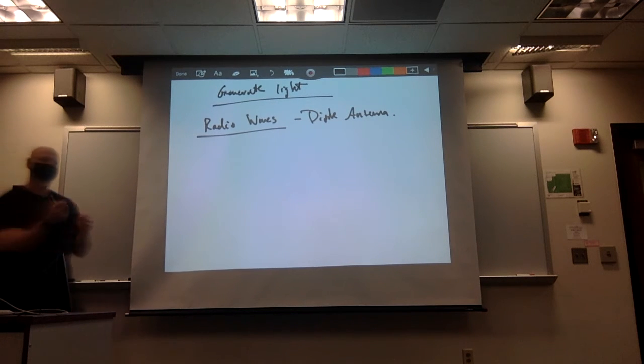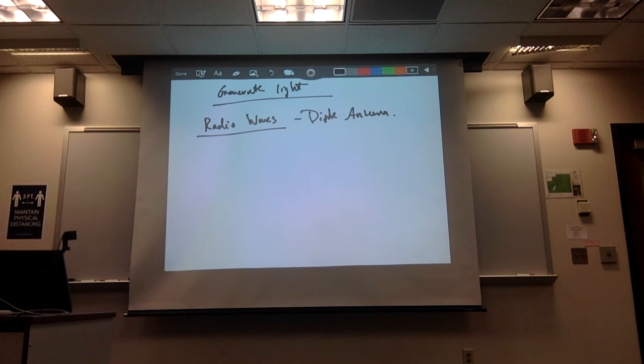So we generate light by the acceleration of charged particles. So what actually generates these then is the acceleration of charged particles. So any charged particle which is being accelerated is going to radiate away light.